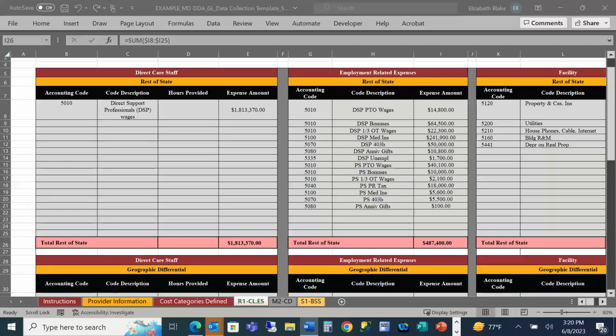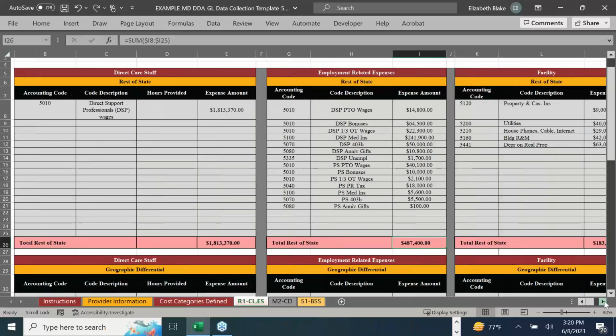And we're also going to want to put any hiring expenses in here. So as you can see, for our hypothetical organization, we've entered all of the expenditures that we have related to employment related expenditures. We've put our accounting code, the code description, and then the expense amount. And then everything just gets totaled here at the bottom.